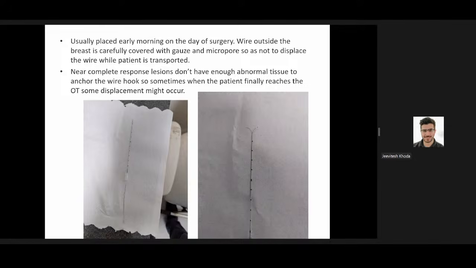So both the wires have certain markers in place to help the surgeon, because with the help of this coaxial, we are able to tell the depth clearly, but the surgeon might have difficulty in telling the depth.